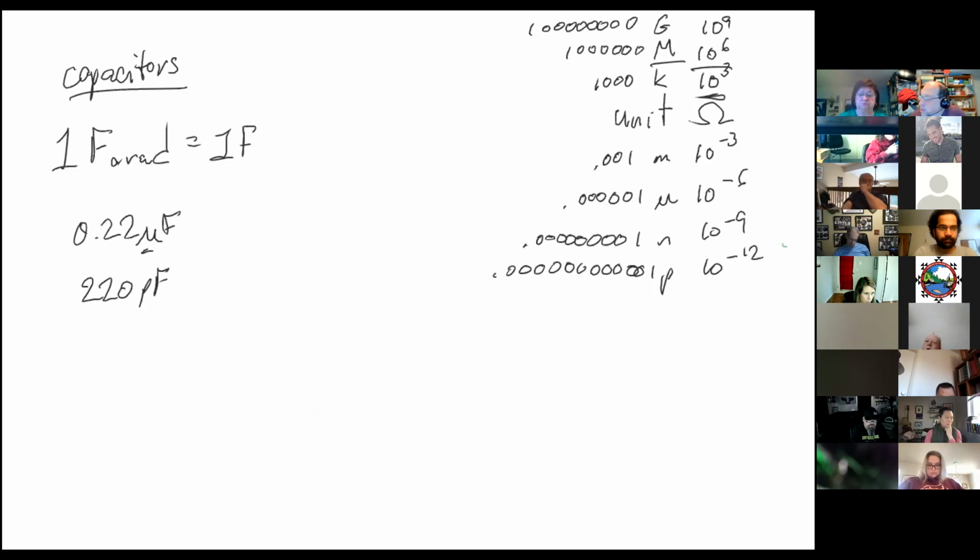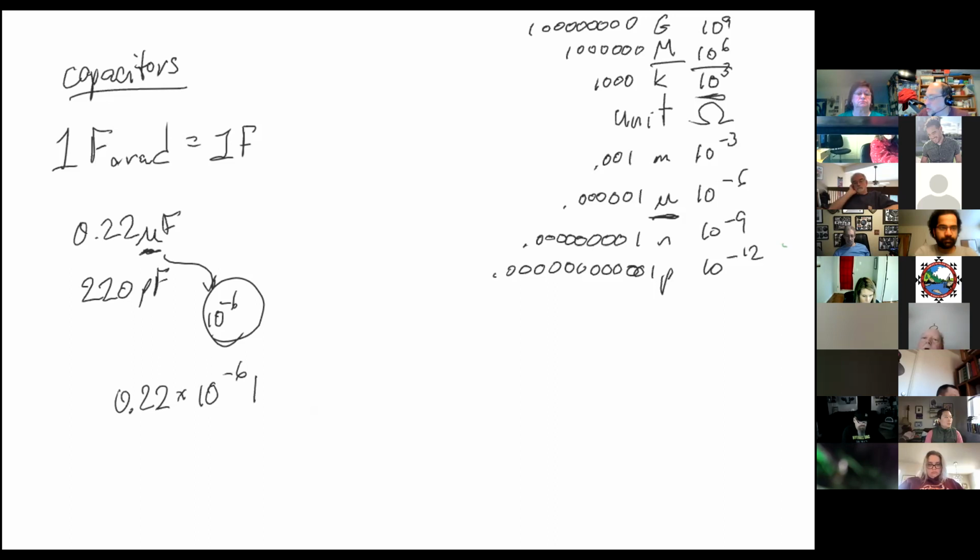So here's micro. So what does micro mean again? We go over to our chart. What does micro mean? 10 to the minus 6. So now we can say this is 0.22 times 10 to the minus 6 farads.